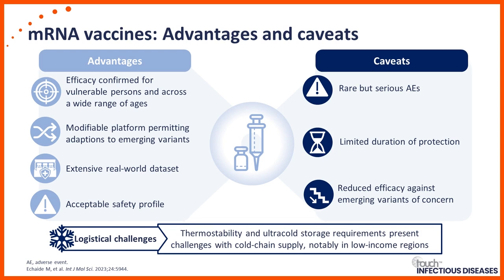One of the great things about RNA is how rapidly it can be scaled up, permitting it to adapt to new pathogens, emerging variants. And that's a real advantage when you're dealing with a changing landscape. And as I said, they've now been used in millions and millions of people. And so we really have a good sense of efficacy and safety.